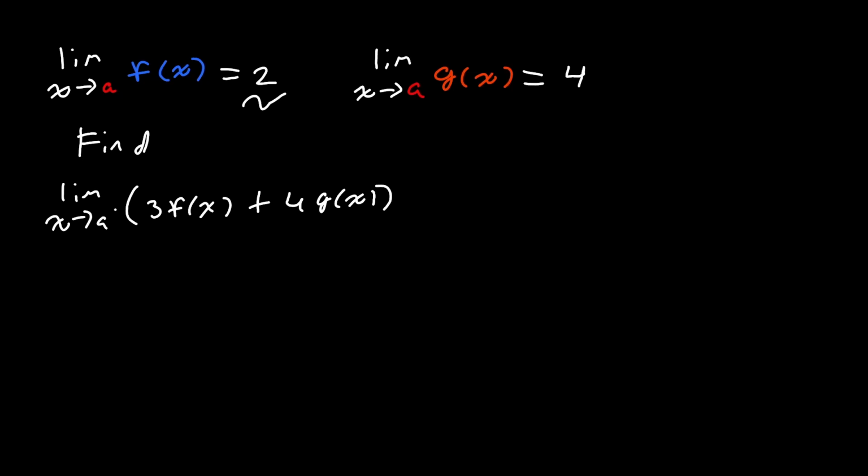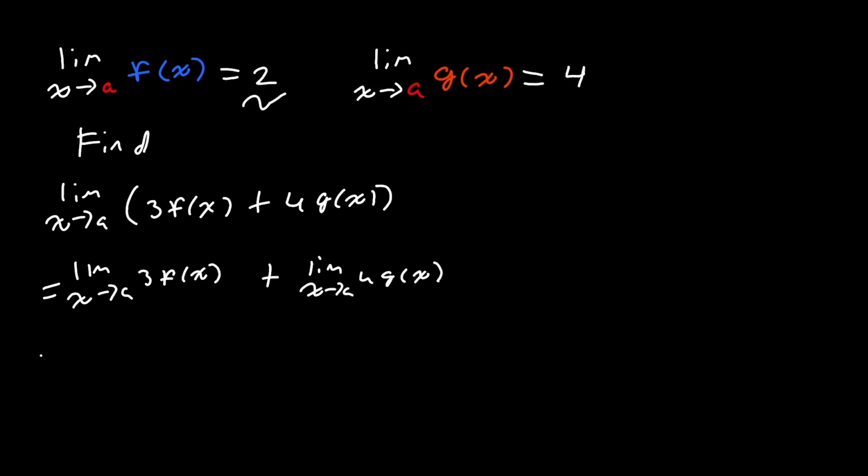By the properties of limits, we can separate this into two limits. So it will become the limit as x approaches a of 3 times f of x plus the limit as x approaches a of 4 times g of x.